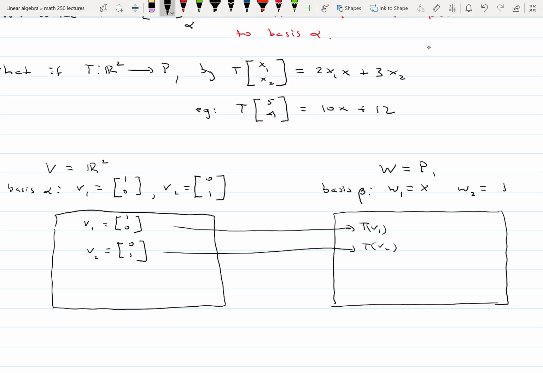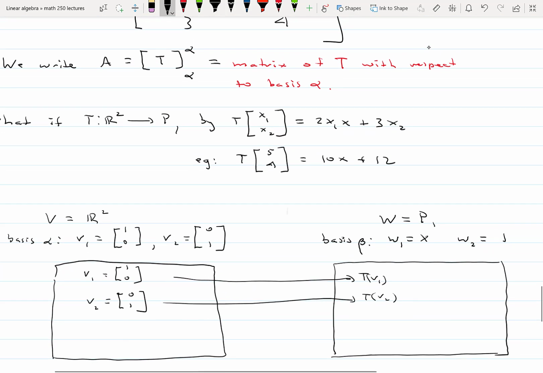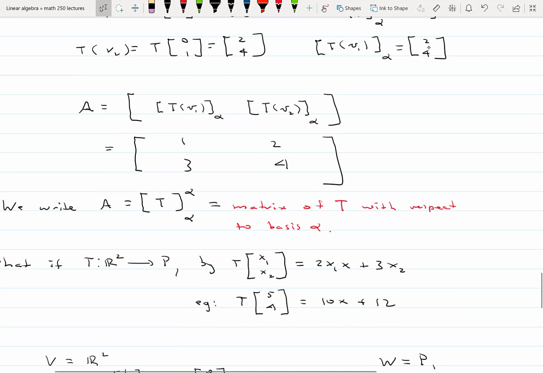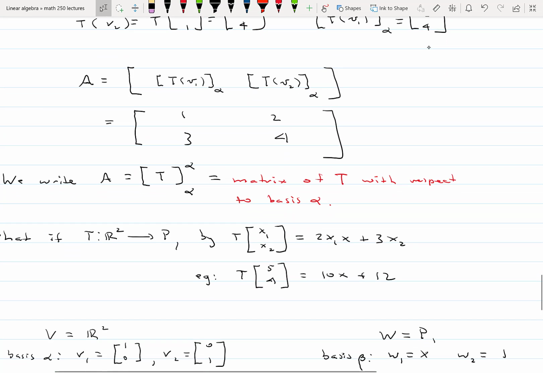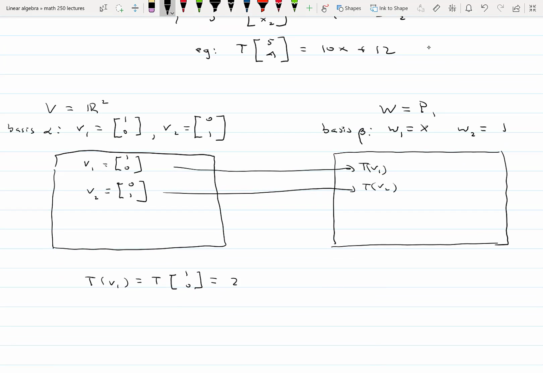So let's do that. T takes V1, which is (1, 0), and turns it into what? Well, T of (x1, x2) is 2x1 times x plus 3x2. So it's 2x1 plus 0, so 2x.